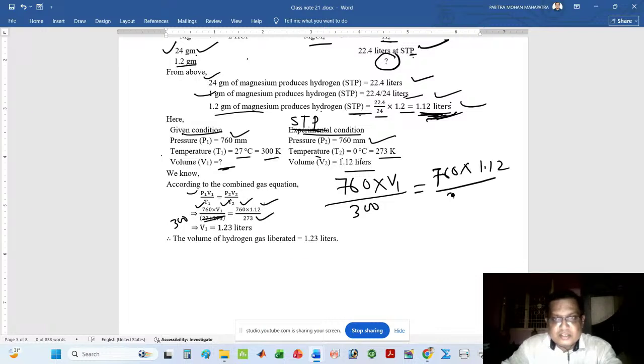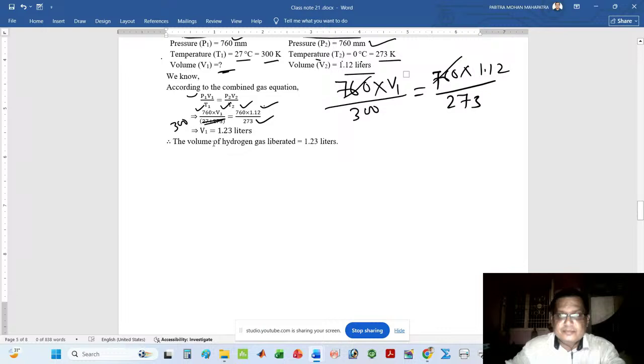Cancel 760 to 760. Next, here we can say that V1 is 300 into 1.12 divided by 273.